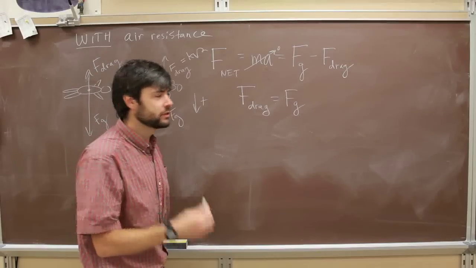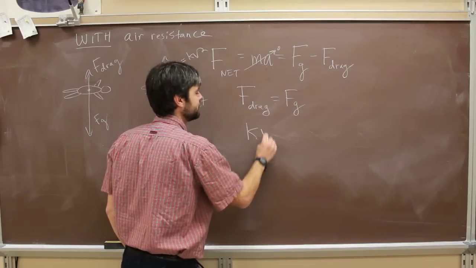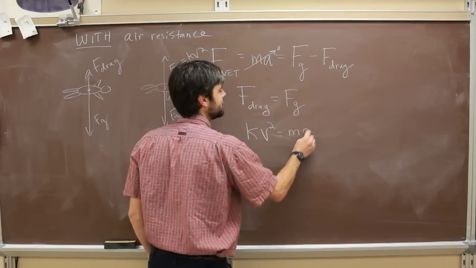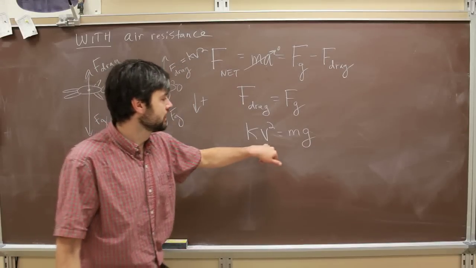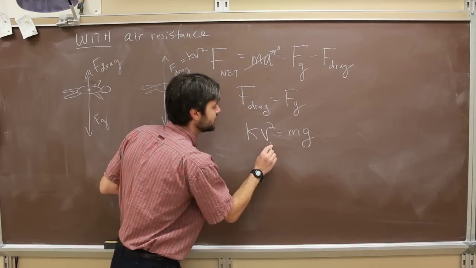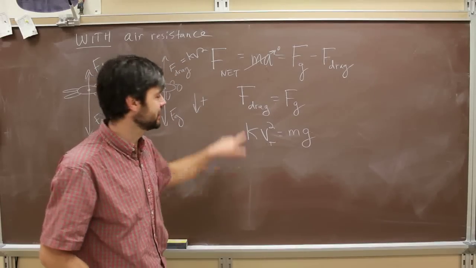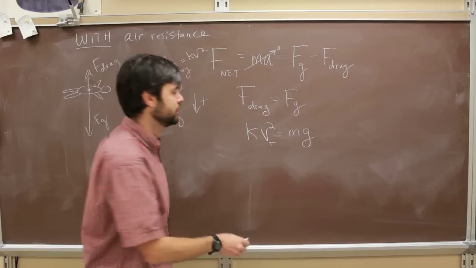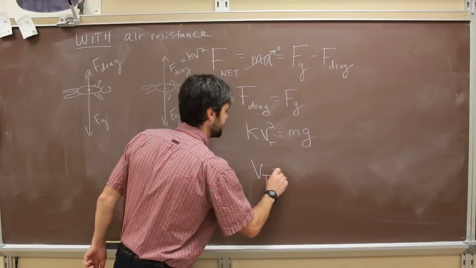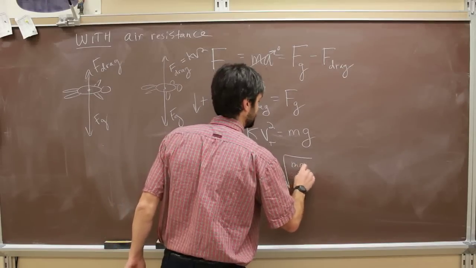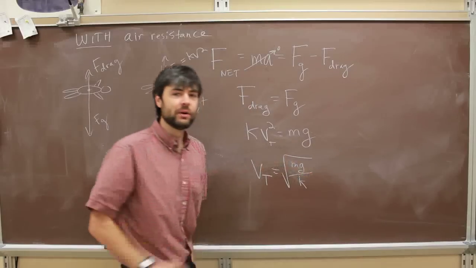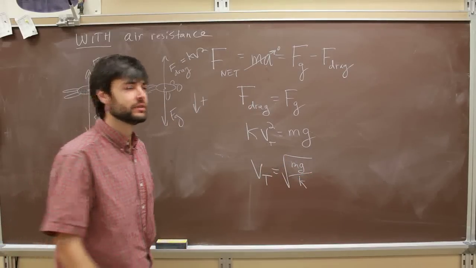And so what's the terminal velocity? kv squared equals mg. And what's v? I'm going to put a little t there for terminal, because that's my terminal velocity. Divide by k, square root of both sides. And I now have a formula for the terminal velocity of a skydiver.